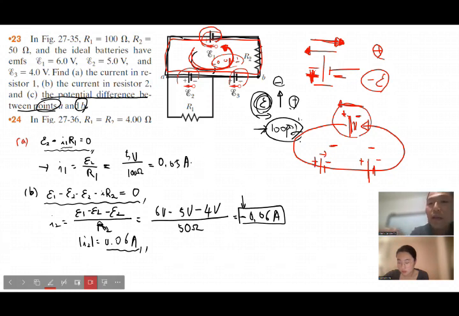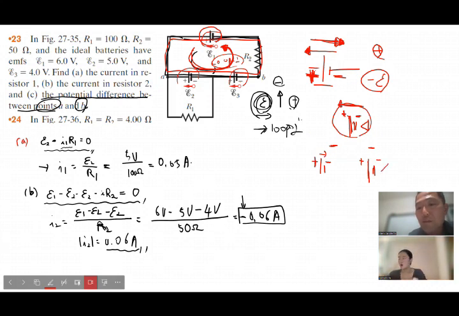So let's take a look at what creates the potential rise and potential drop if you choose a different direction of the loop. If you choose this direction as loop 2, then this one, see, E2 comes with minus to plus. E3 is the same. Minus to plus is the same direction as loop 2.